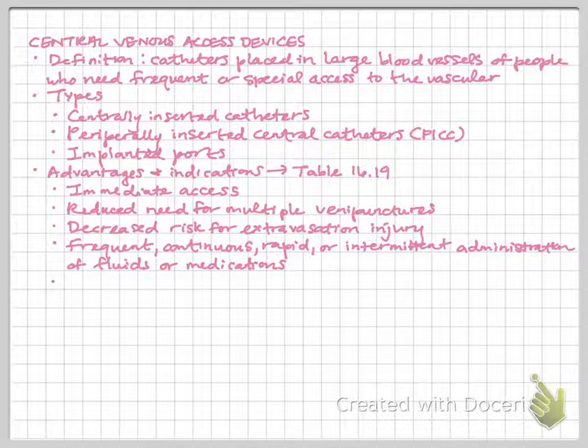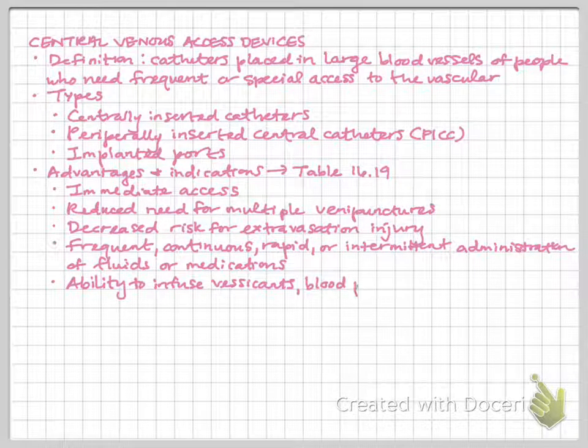One advantage as well is that we can infuse vesicants, which are, again, agents that can cause tissue damage, blood and blood products, and parenteral nutrition with less of the side effects of having a smaller IV. So I'll just write blood products, and this is all from your textbook, and parenteral nutrition, which is that second part of the workshop that we did.